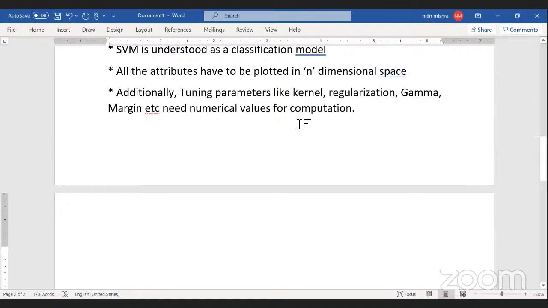While on the discussion of a regression model, we were discussing SVM, and we know SVM can be both classification and regression.